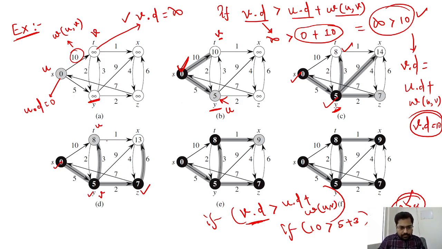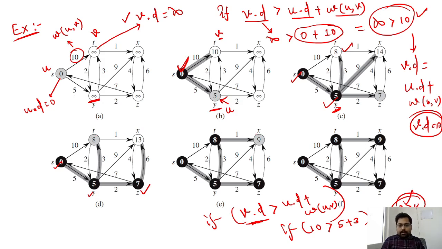Next is, here if I say it's a V, can it be replaced? 13 is greater than 8, the cost of the source plus the weight assigned to the edge. 13 is greater than 9, then update it. Then update it, not an issue. So it is now updated here, 9, and T is relaxed.